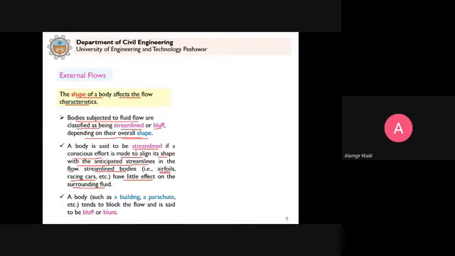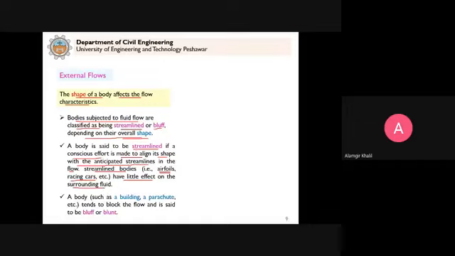Clear? And we will study what is the purpose of streamlining after we study the different forces which act on a body when it is moving through a fluid. Then we will know what we mean by streamlined bodies. Clear? And what is the advantage of that?